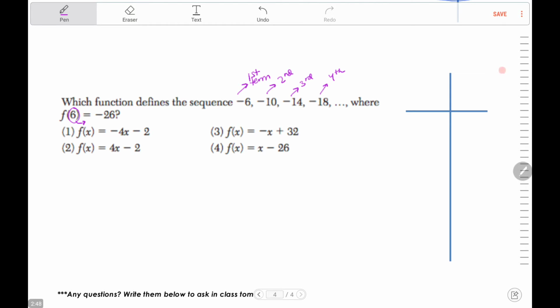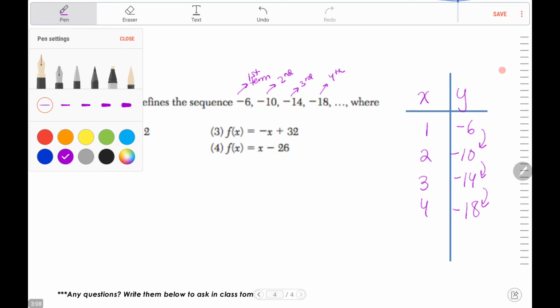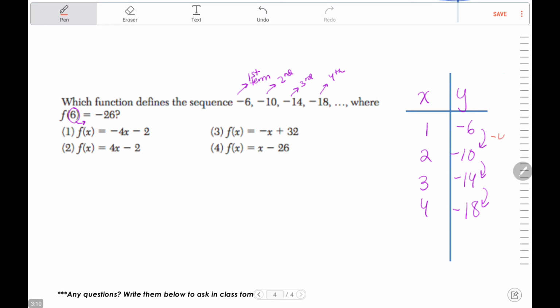So there's a lot of things that we can do here. I can make a table. So first term is -6. We got second term, which is -10. Third term, which is -14. Fourth term, which is -18. Let's see what the change is. From -6 to -10, we're going down, and we're going down by 4. -4, -4. Okay?